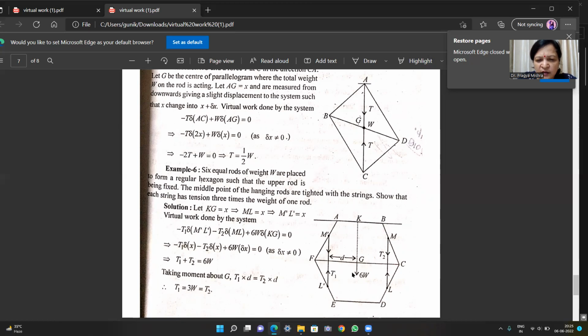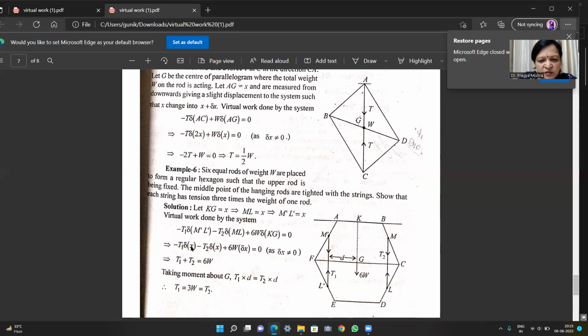The total weight of this hexagon, 6W, acts at its center of gravity, the point G. This distance is KG, and since rods are taken, the corresponding work done will be minus T1 delta length of rod minus T2 delta length of rod ML plus 6W delta KG. If we suppose the length of the rod is x, this is minus T1 delta x minus T2 delta x plus 6W delta x. You can see from here that this KG is equal to this LM.